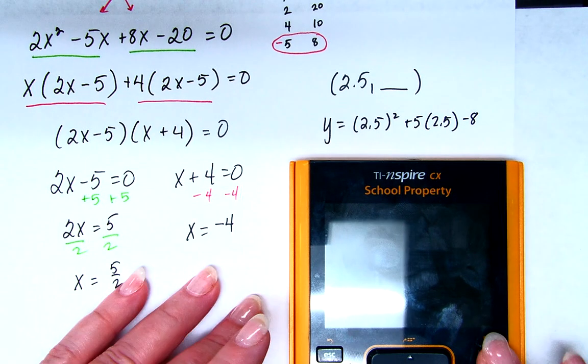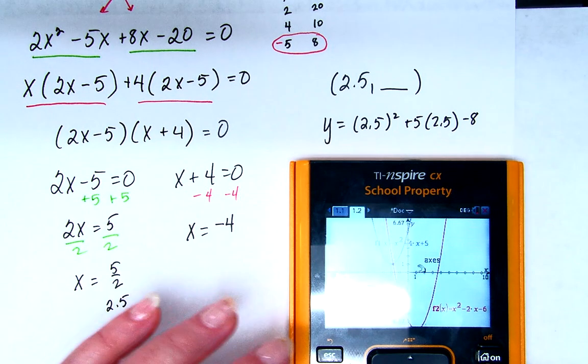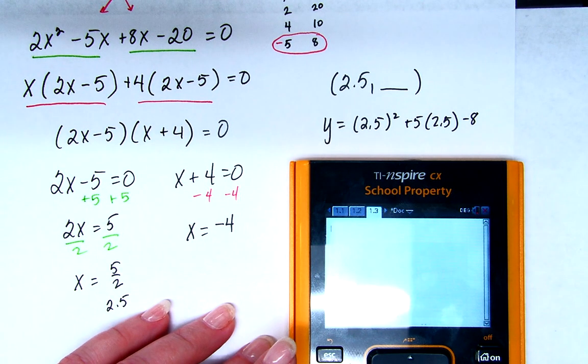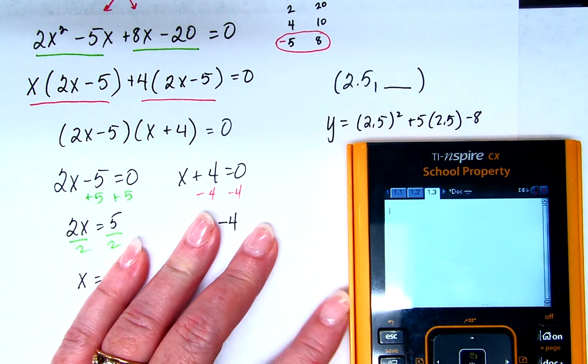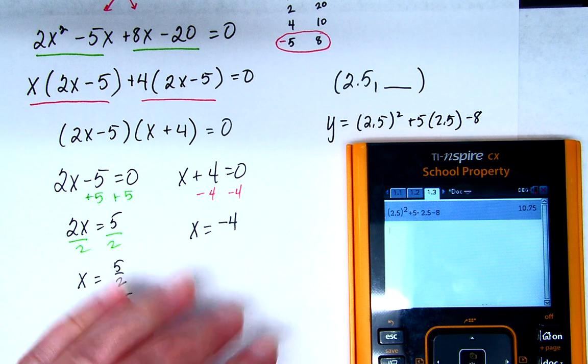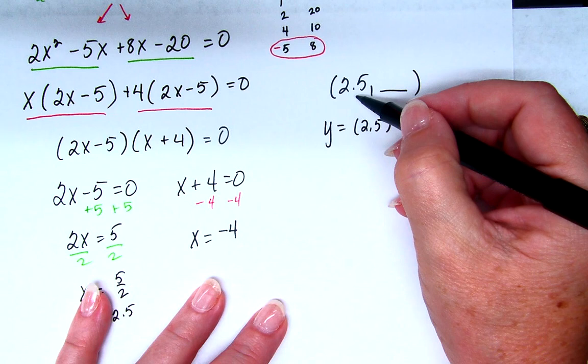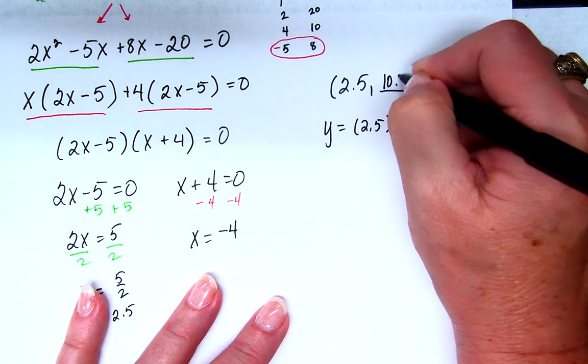So I need my calculator to come on, okay? And I need a calculator page this time, don't I? 2.5 squared plus 5 times 2.5 minus 8. 10.75. So when x is 2.5, y is 10.75.